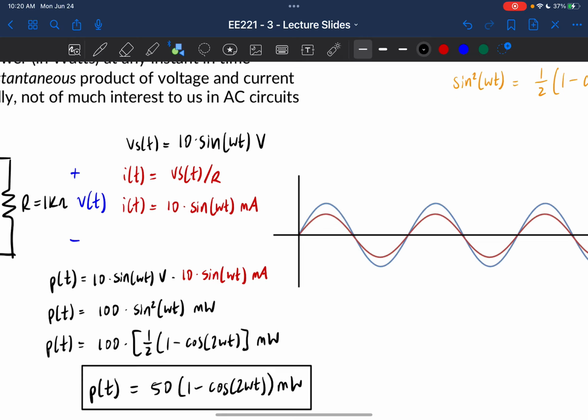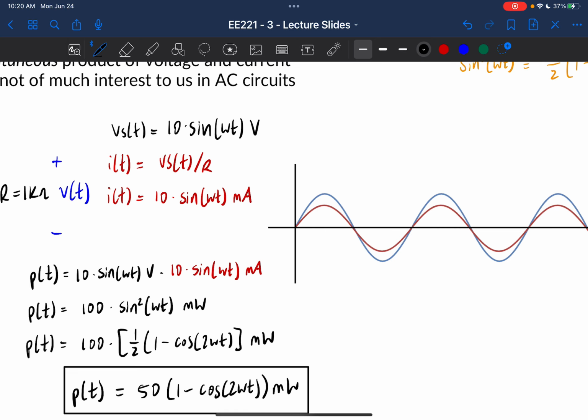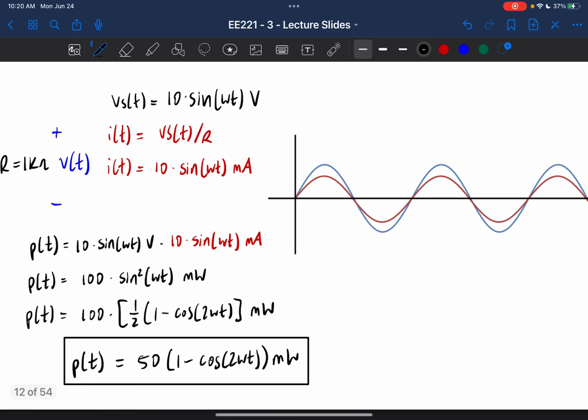So if I plug in a value for t here, obviously this function is still a function of omega. I didn't pick a frequency here, but if we were to just let f equal some value, let's just say 1 kilohertz, of course we know that omega just goes to 2 pi times 1 kilohertz, right?